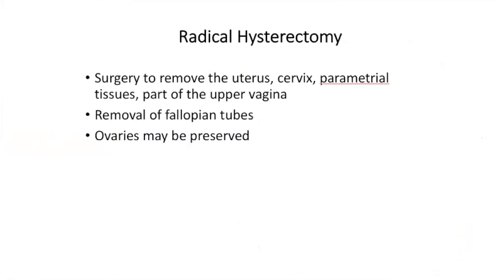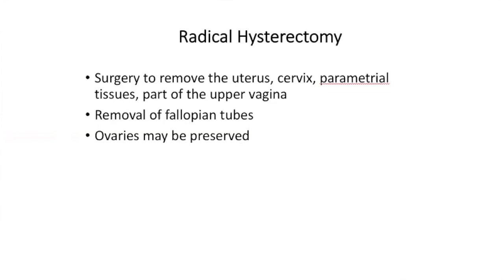The radical hysterectomy primarily consists of surgery to remove the uterus, cervix, parametrial tissues, and part of the upper vagina. The fallopian tubes are usually removed because of their risk of developing fallopian tube cancer post-operatively.